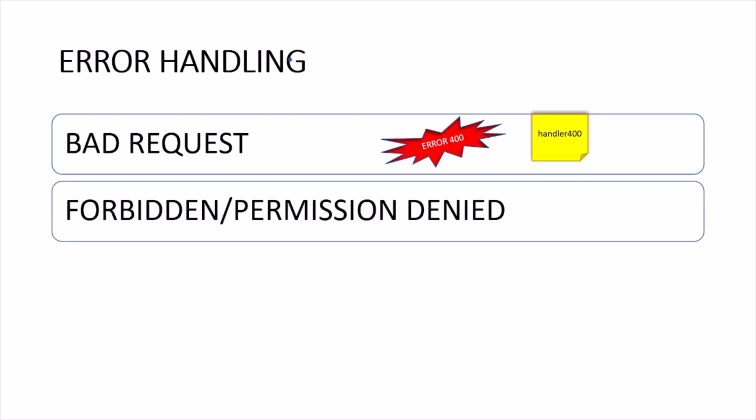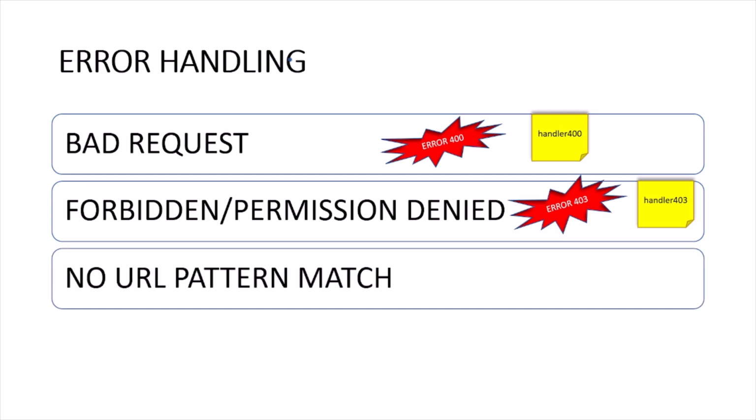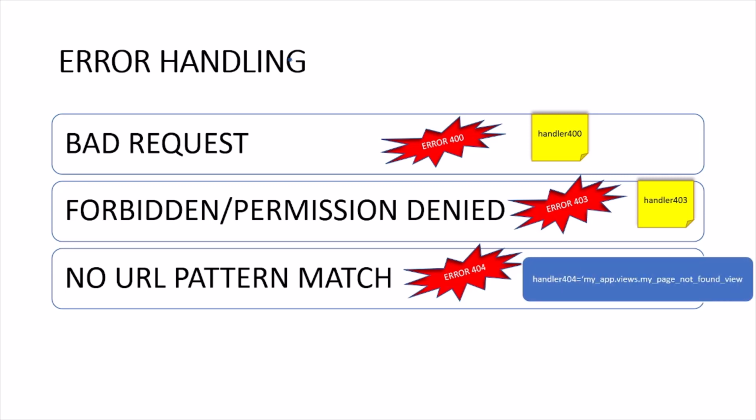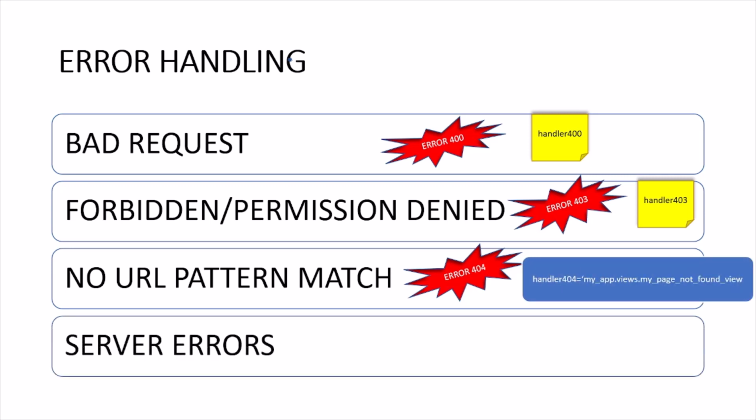If you're checking for permission denied, which returns a status code of 403, then you would use handler 403. If you're checking for the error no URL pattern match, which returns a status code of 404, you would use handler 404. And if you're checking for a server error, which returns a status code of 500, then you would use handler 500.